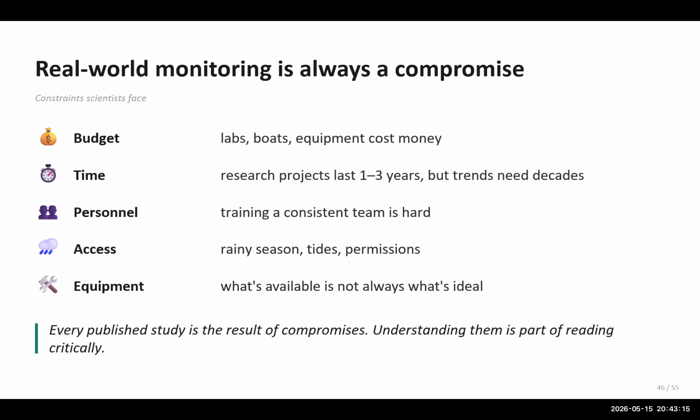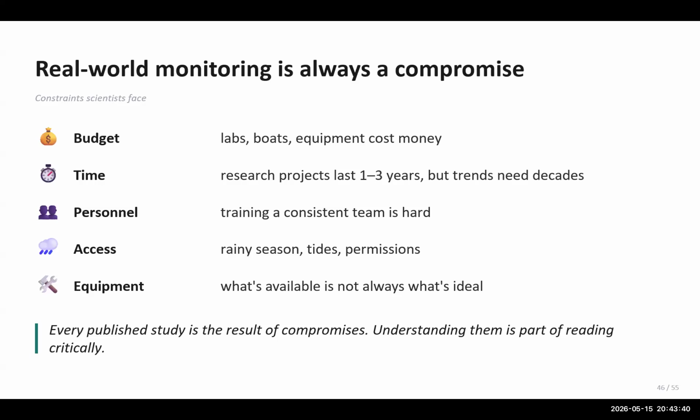And finally, also the equipment, because not always we have the equipment we actually need. This is the ideal situation. You will have all the equipment that you need, but sometimes, most of the time, that doesn't happen. So every published study, every piece of research that is done is the result of many different compromises.